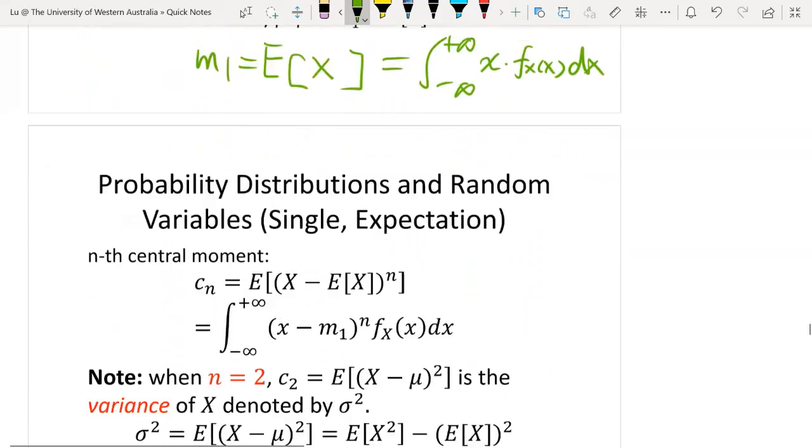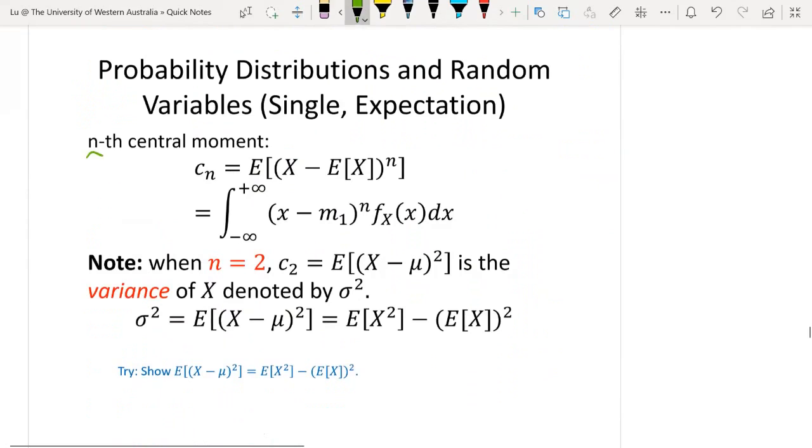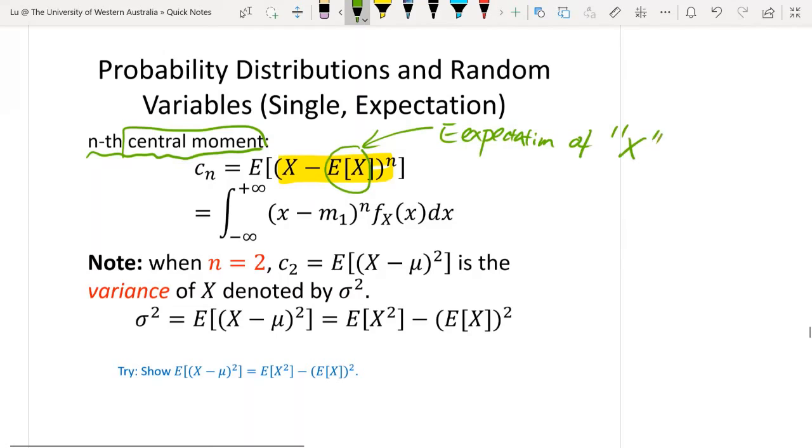Okay, and next one, a new concept, the nth central moment. Central moment is denoted by the letter c, lower case c. The nth central moment is denoted by C_n. It is equal to actually another expectation operation. Inside of the equation, you got this term x minus E[x], the expectation of random variable x.